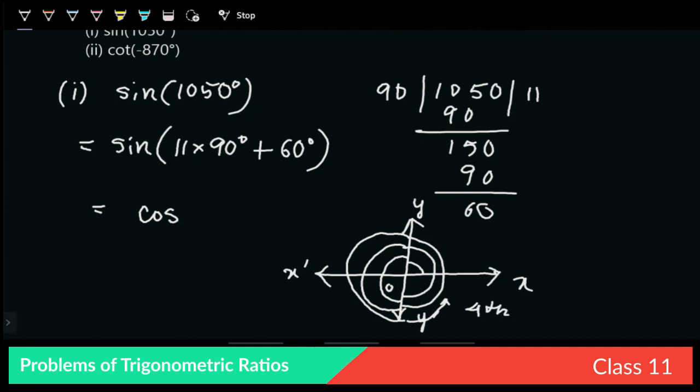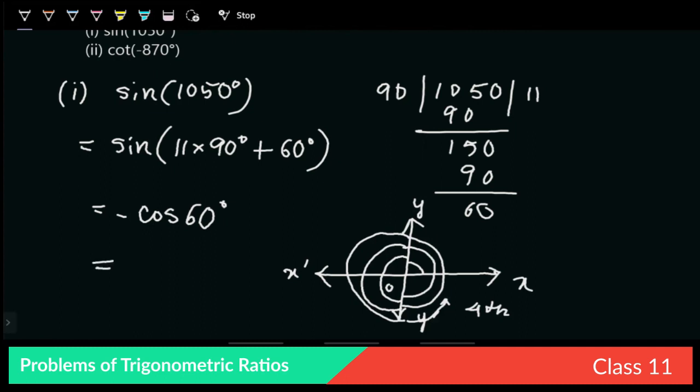So in the fourth quadrant sine is negative. In the fourth quadrant only cos and sec are positive. All other ratios are negative, so sine is negative, so we put a minus sign here. Now it is sine of 11 pi by 2 plus 60 degree. It is actually 11 into 90 degree, that means an odd number before the 90 degree, so it changes to cos, and it will be cos of 60 degree.